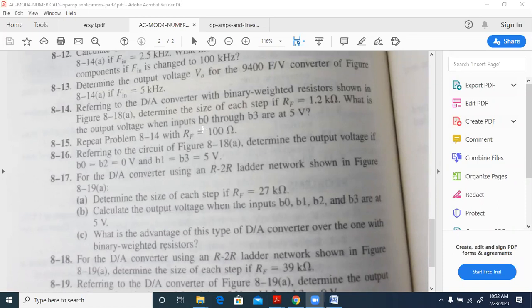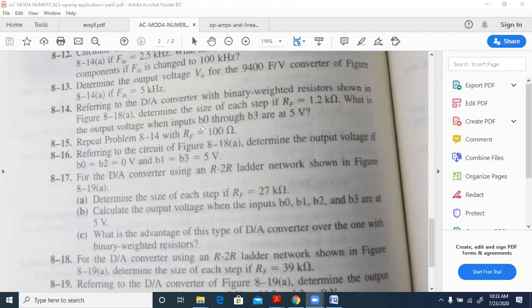That is, the value of R is 10K, V reference is 5 volts, and so the step size will be equal to V reference divided by R, that is 5 divided by 10K, 10K is 10,000, multiplied by RF. V reference divided by R into RF, that will be the step size. And here we need to multiply by 100 ohms.